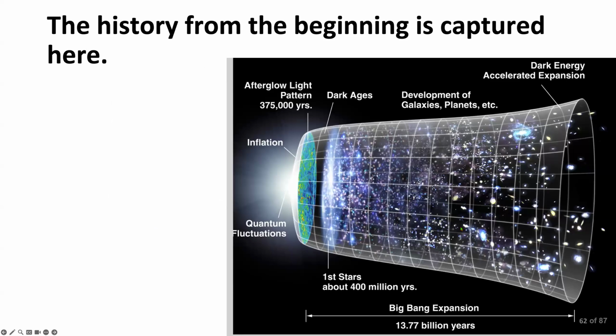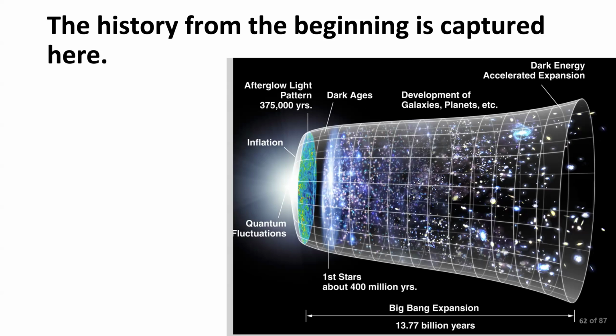So here's a typical model. This has been around for 25 years. It comes from NASA, that the universe began, we don't know why, with an explosion into existence of an enormously hot, small collection of radiation.